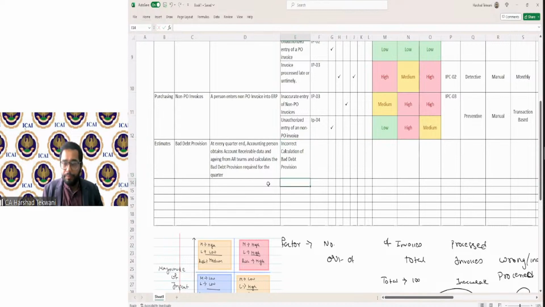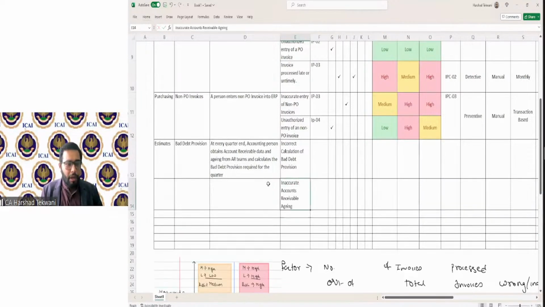Okay. Next, the risk could be inaccurate accounts receivable aging. If I am getting inaccurate accounts receivable aging, that will create an issue for me.